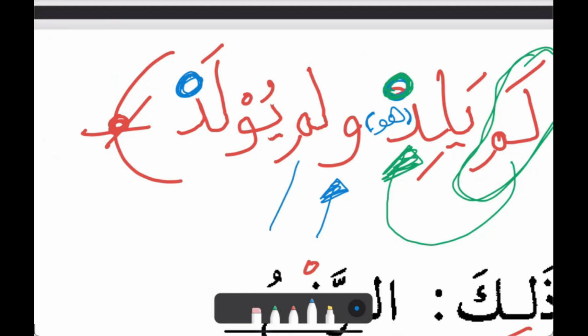Lam, harf jazm wa nafi. Lam is the particle of jazm and a negating particle. Yulad fi'lun mudari'un majzoom. It's a mudari' verb that's in a state of jazm. Wa alamatu jazmihi sukoon, and the sign of jazm is a sukoon.